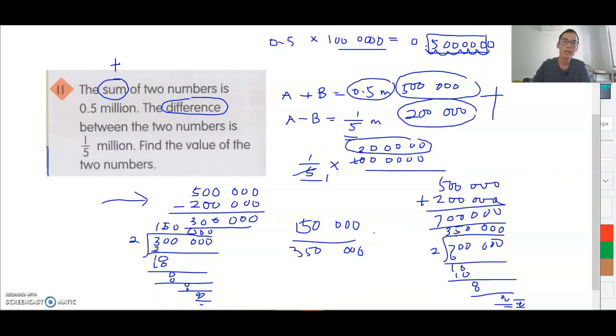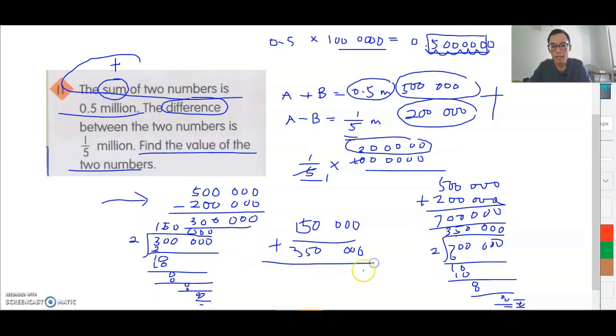Okay, then we check our answer. Find the value of two numbers. The sum of two numbers is 500,000. When we add them, do we get 500,000? Yes, we do, right? We get 500,000. And then the second criteria, the difference between the two numbers is 200,000.